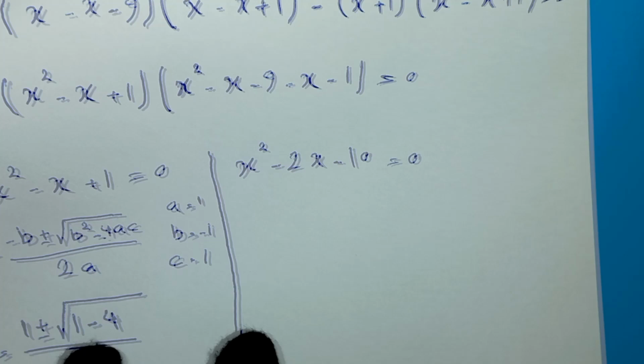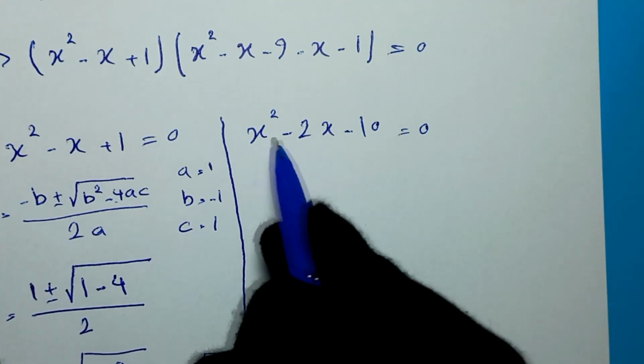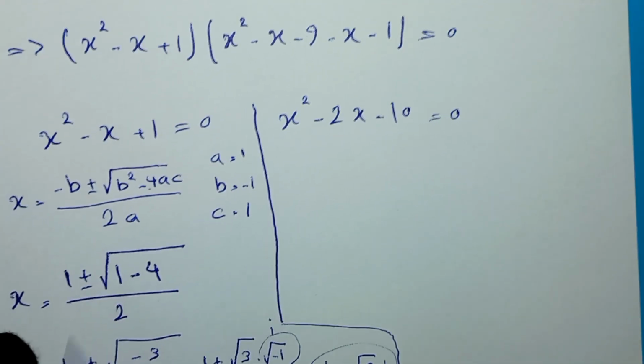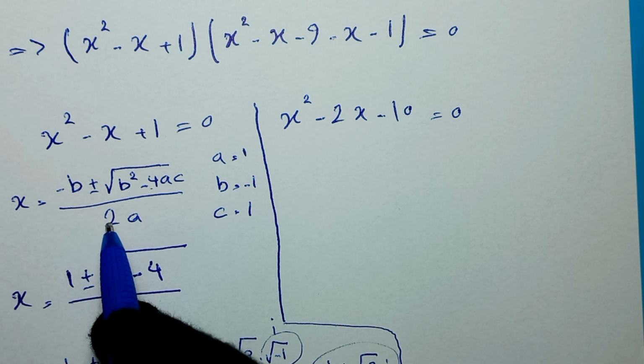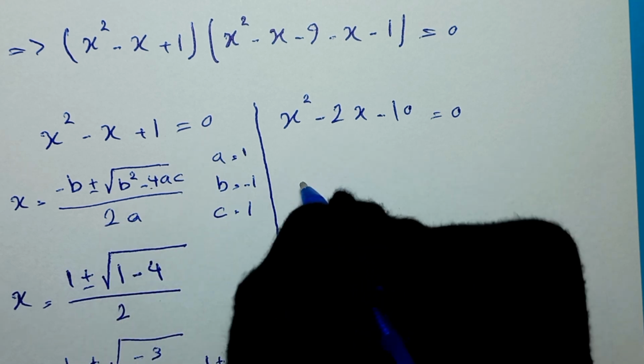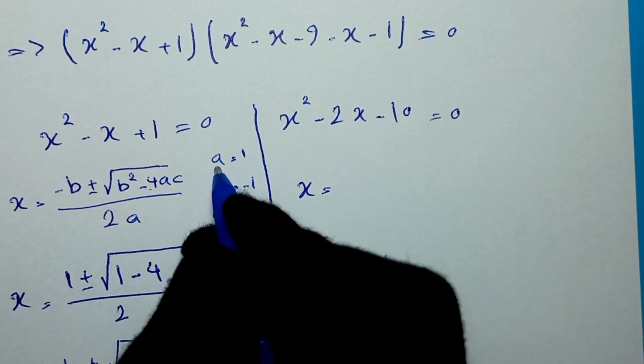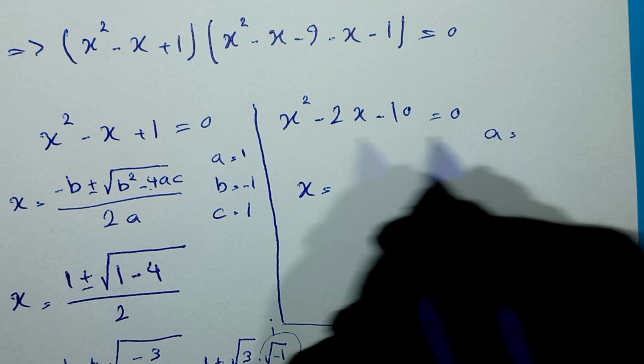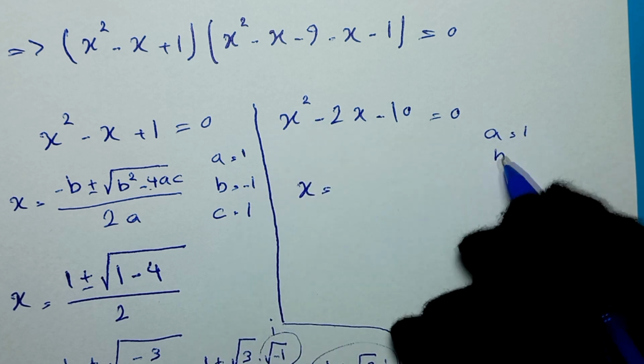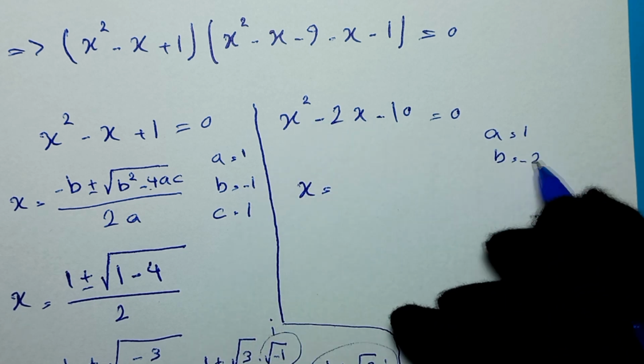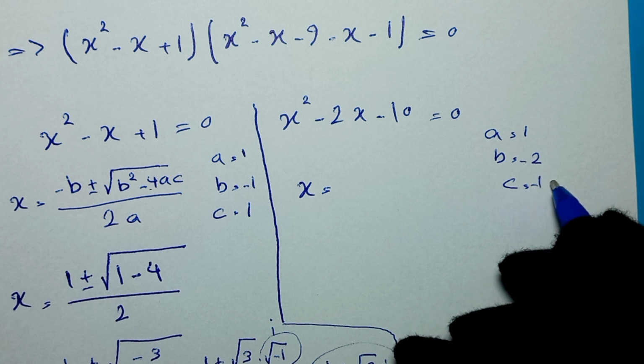And here, we have x squared minus 2x minus 10 is equal to 0. So we use the quadratic formula. Here, a is the coefficient of x squared, which is 1, b is the coefficient of x, which is negative 2, and c is the constant, negative 10.